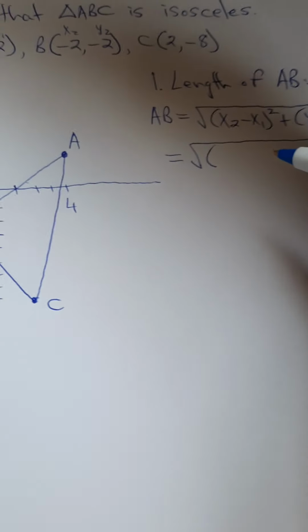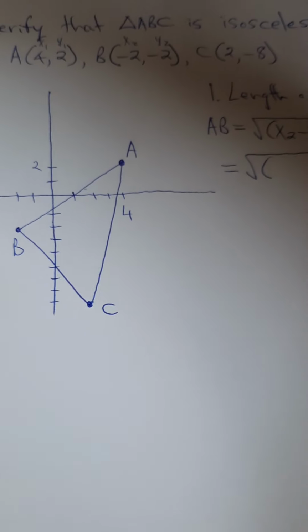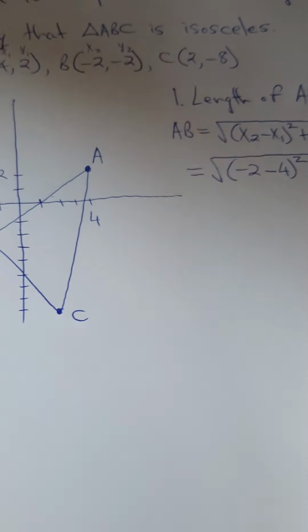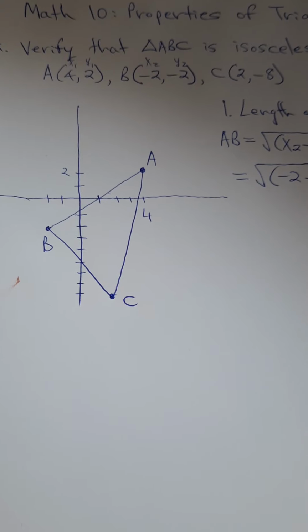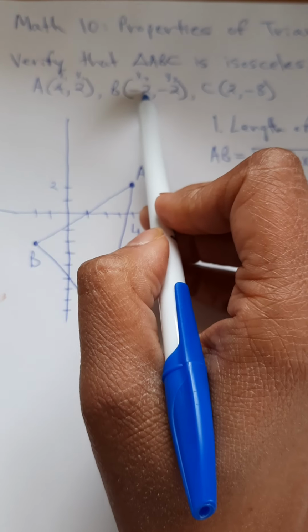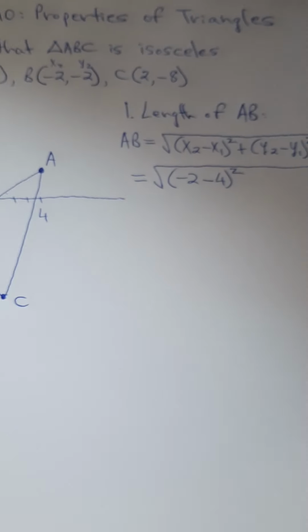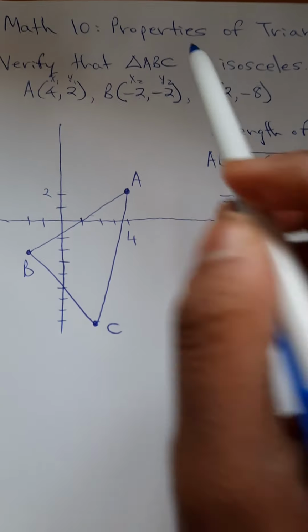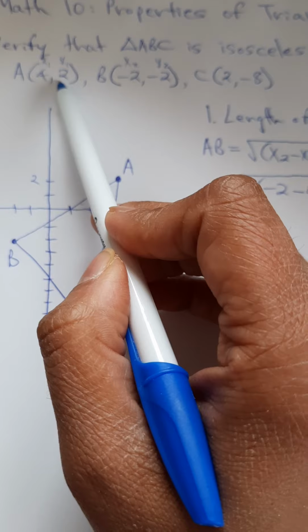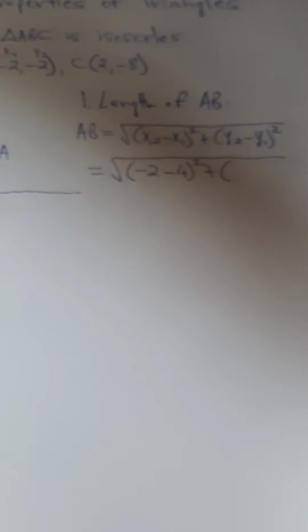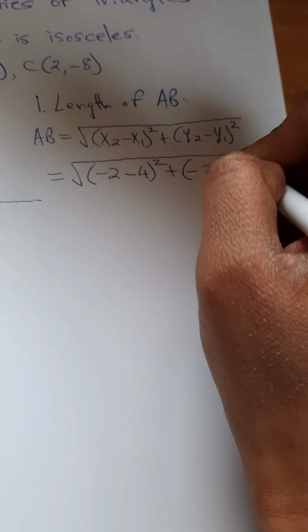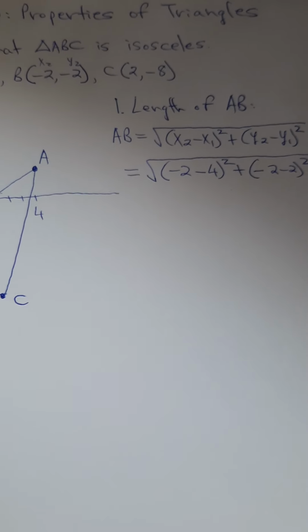So x2 here, which is -2, minus x1, which is 4. Everyone see that? So we're doing -2 minus 4, and then you square it. And then we're going to do y2, so -2 minus y1, which is 2, and then we'll square that as well.